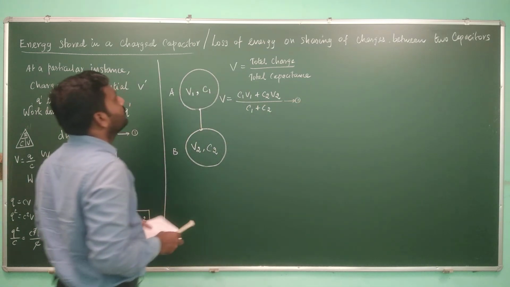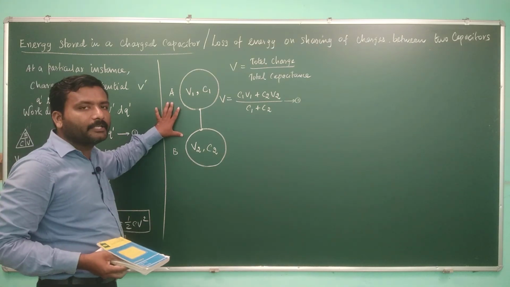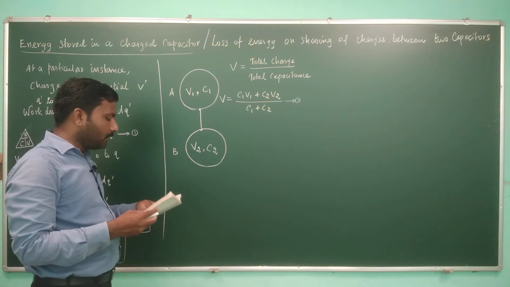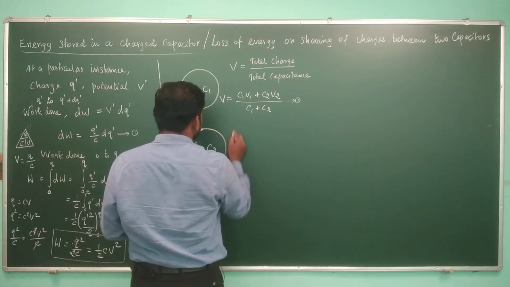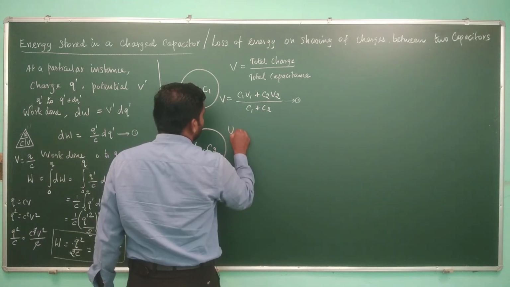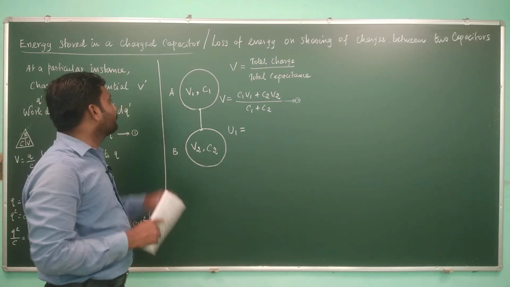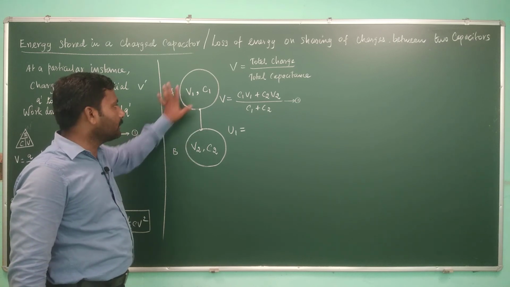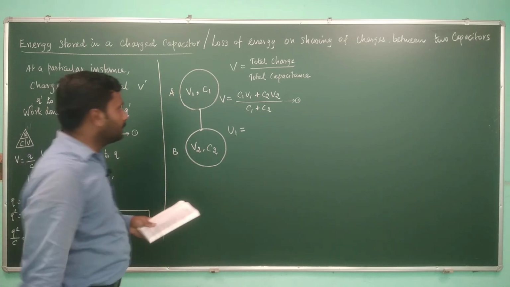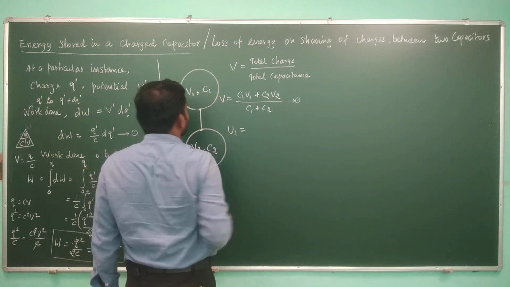And now we need to calculate the loss of energy, which means we have to calculate the energy before joining and the energy after joining. So let us denote U1 as the total potential energy of these two capacitors which are not in contact with each other. In that case, you have to sum up the individual potential energies.